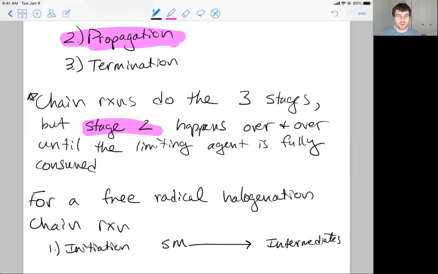This is true of any initiation: the stuff that we put into the bottle during the initiation step will form intermediates. In our case, we have starting materials with no free radicals, and we apply heat or light to initiate the reaction, and that forms 2 free radicals.